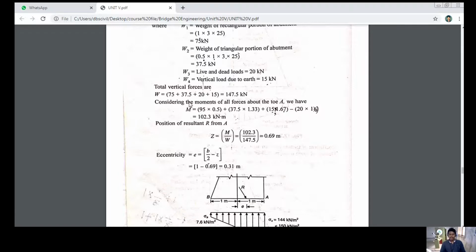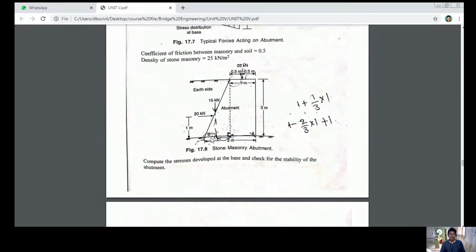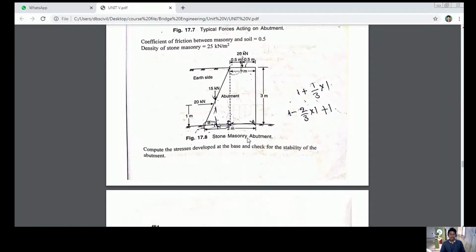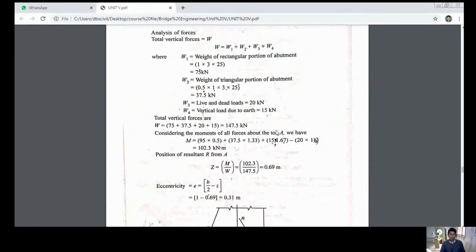Considering the moments of all forces about toe A, this is the toe A, the moment is equal to 95 into 0.5 plus 37.5 into 1.33, and it may be a 75, I hope so.